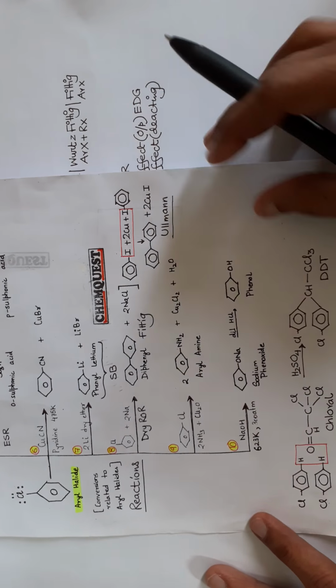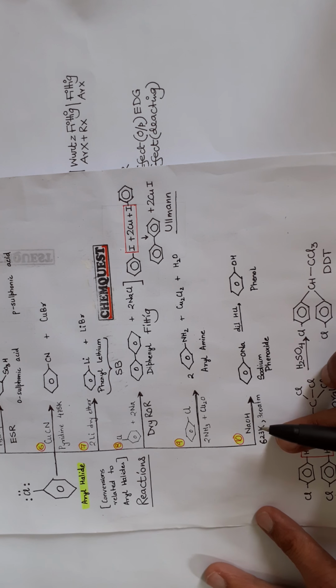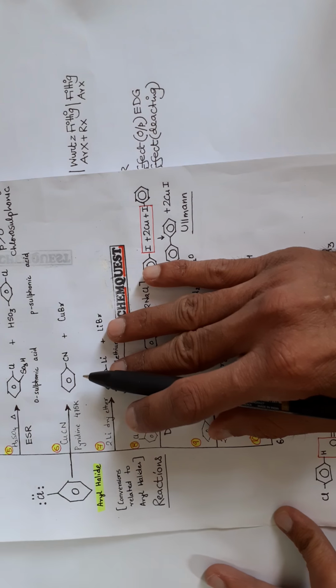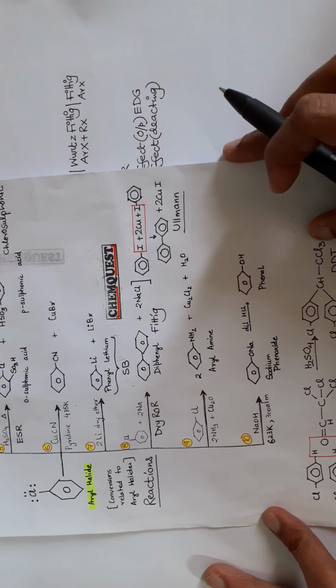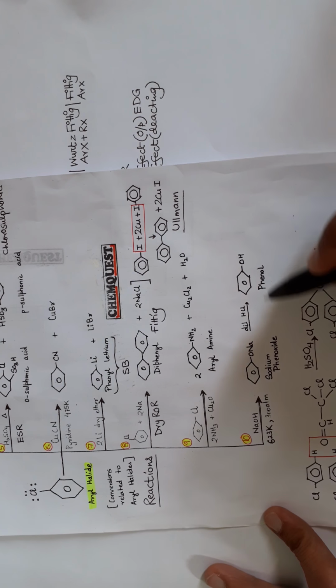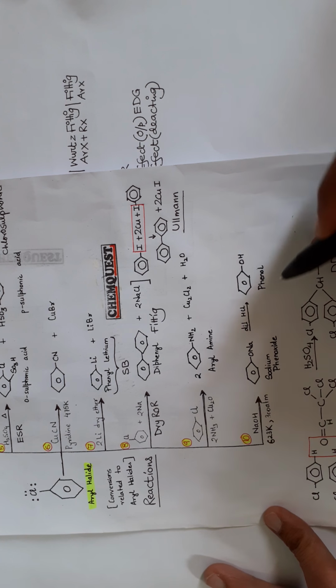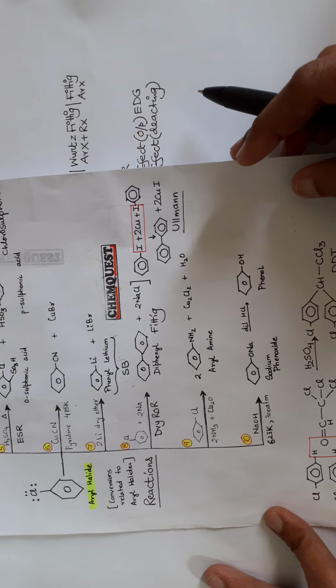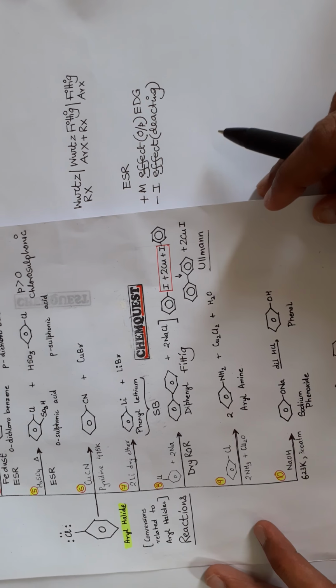Again, another one is in presence of aqueous NaOH solution with chlorobenzene; it requires again higher heat to replace chlorine due to partial double bond character in carbon-chlorine, to form first sodium phenoxide, and then by using dilute HCl it is converted to phenol. It is also known as Dow process.